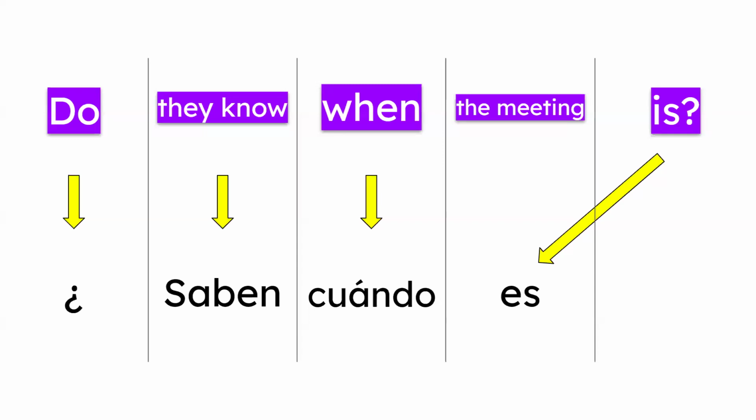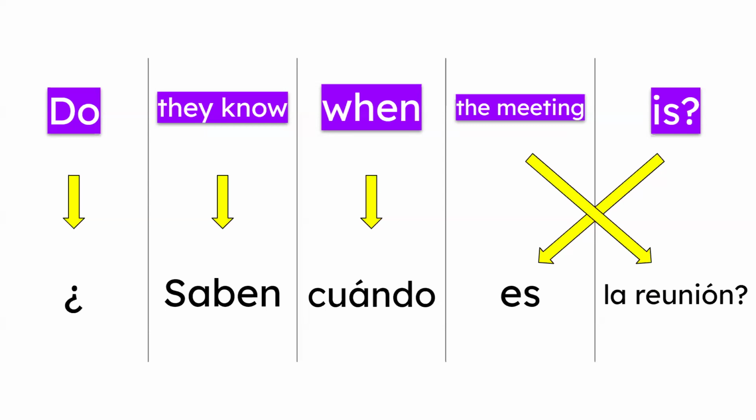So whenever you have this structure, and we're gonna see more examples, the verb goes before and the subject, in this case, meeting, goes at the end. So the meeting is la reunión.